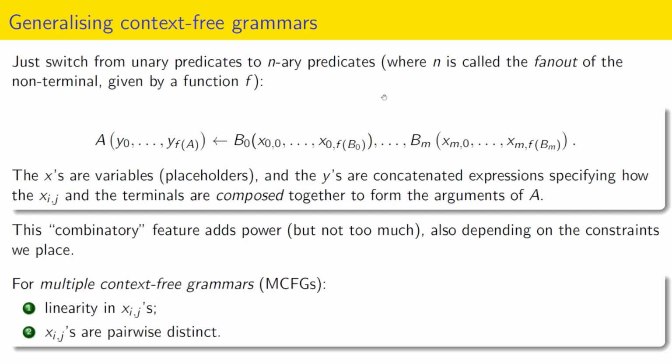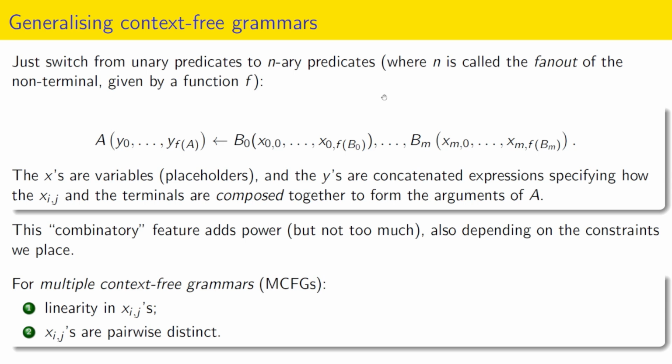You can have different flavors of this idea. The one we will be looking at is called multiple context-free grammars, which is basically this approach with some additional constraints. First of all, we impose a linearity on the x's, meaning that you have several variables which are pairwise distinct, and the other constraint is that each of them will appear exactly once in the left-hand side of the rule.